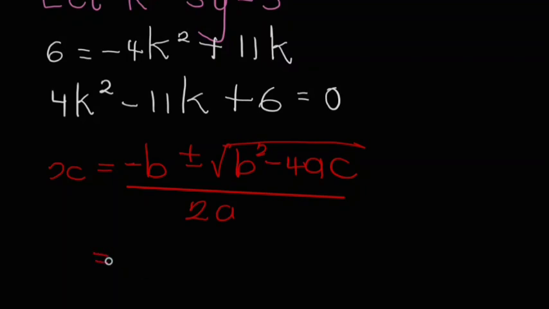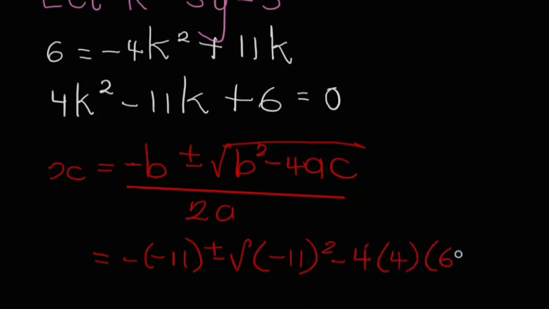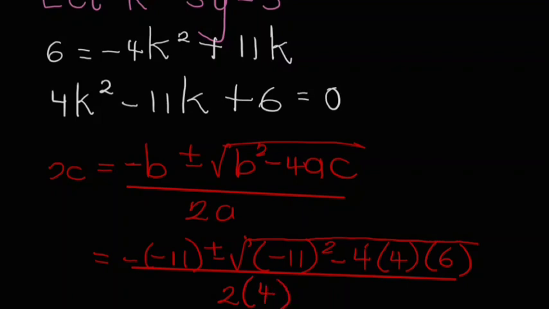For now, we're going to substitute. Our b value is negative 11. A is 4. C is 6. All over 2a, so 2 times 4.